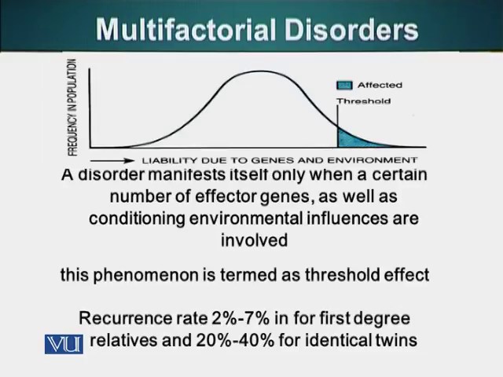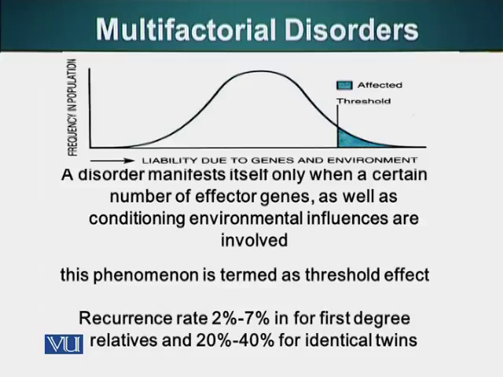So if we have, say, 4 or 5 genes which contribute to a particular feature, skin color, for example, or height or weight that we have talked about, these genes plus the environmental factors have an additive effect till that additive effect crosses an arbitrary threshold. The arbitrary threshold is pointed out in this slide.